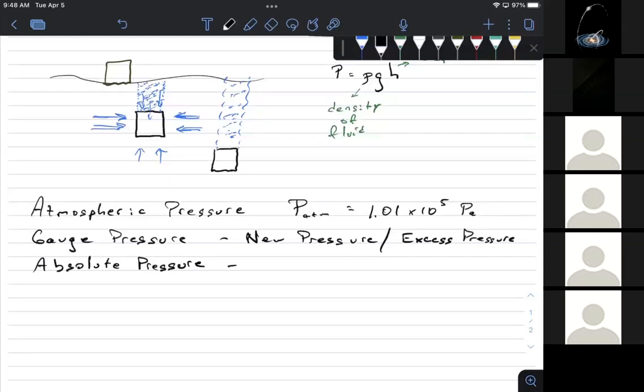So not the total pressure: it was at atmospheric, now it feels this more, in excess pressure, because it's at some depth. Absolute pressure is the total pressure, everything included.